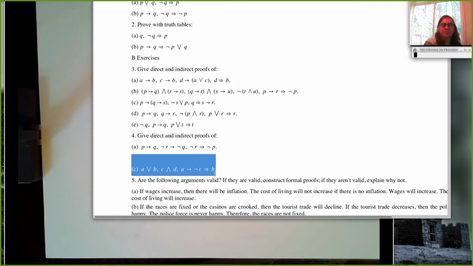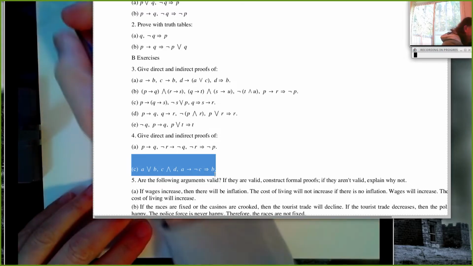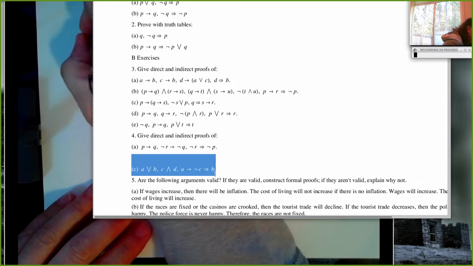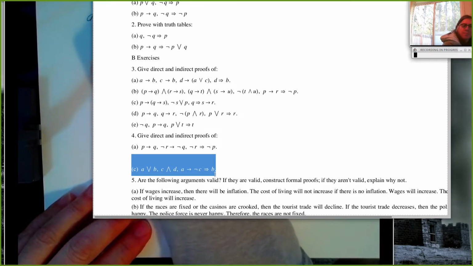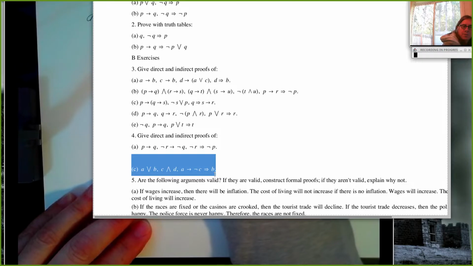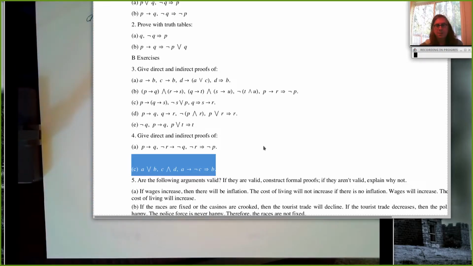Anybody else have some ideas about this? Would it be possible to do disjunctive simplification of A or B? Maybe? Like, if A or B, then A? Or is that not possible?